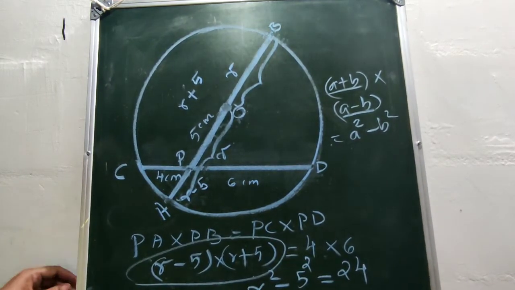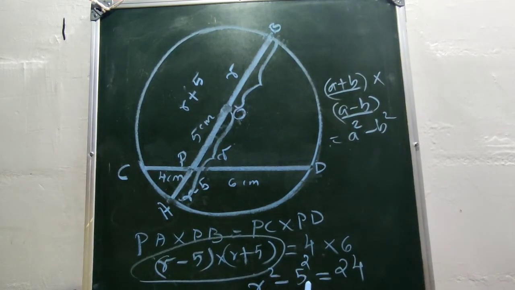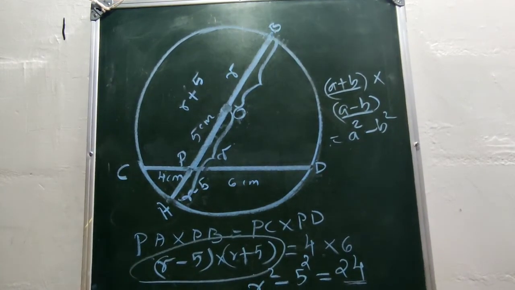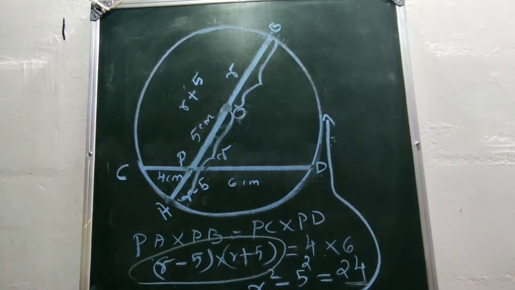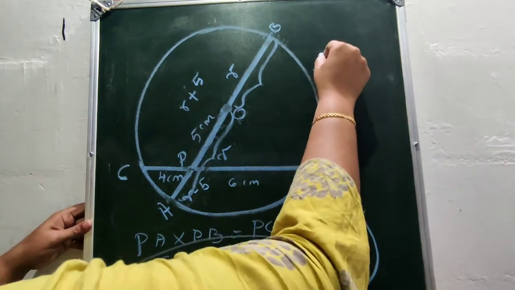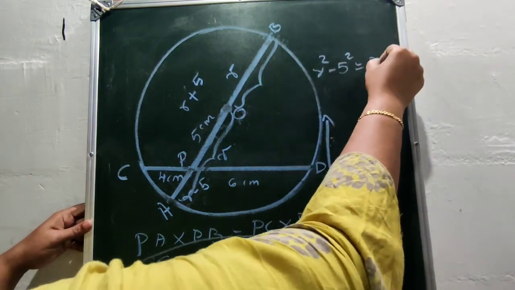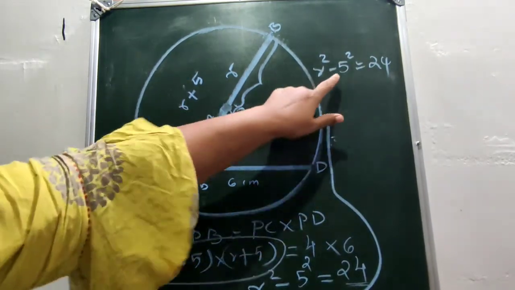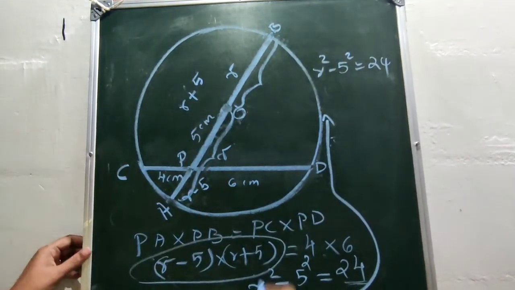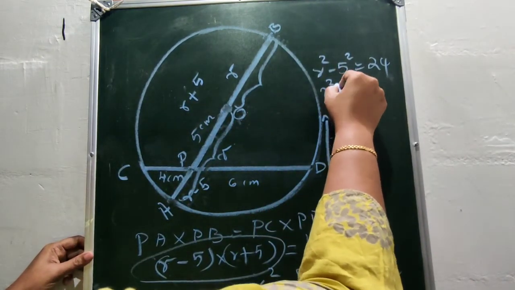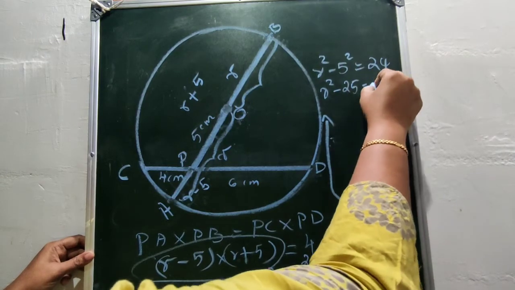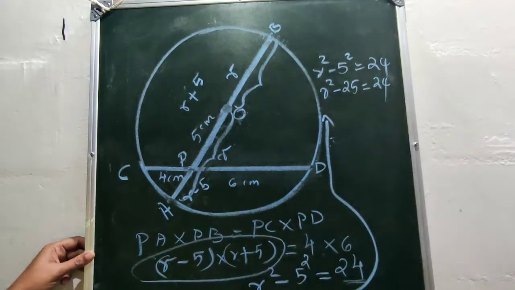So what we have, R square minus 5 square is equal to 24. Then what is 5 square? 5 square is equal to 25. So R square minus 25 is equal to 24.